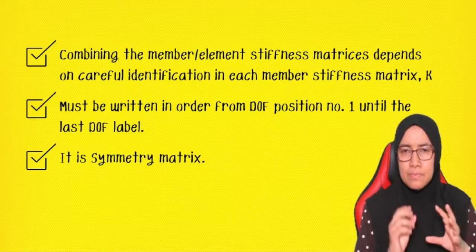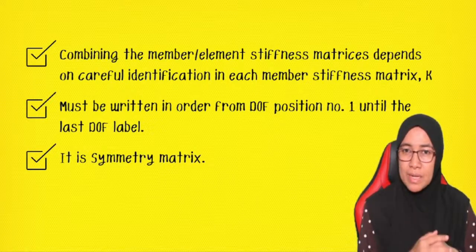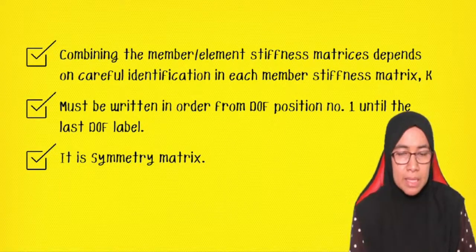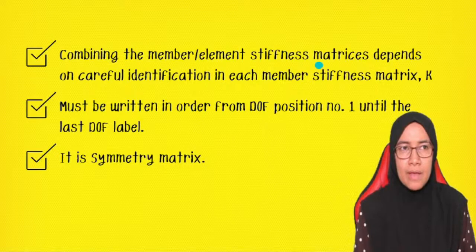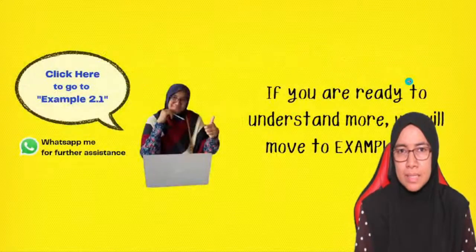For the structure stiffness matrix, we have to label the degrees of freedom in order. And remember, the matrix is symmetric.